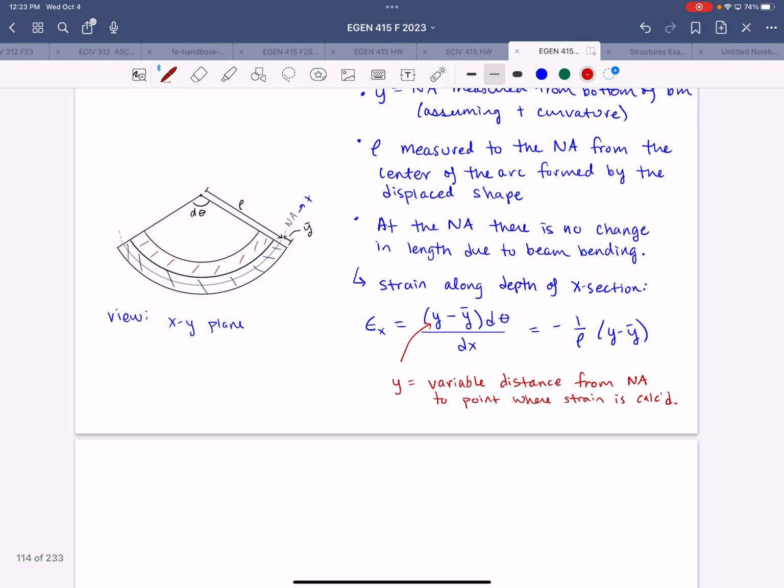All right, I apologize, I am jumping ahead. So y, that's normally what y is for us. At this point in our derivation, the variable distance y, we're still measuring everything from the bottom. So variable distance to the point where strain is calculated, and I'll say from bottom.